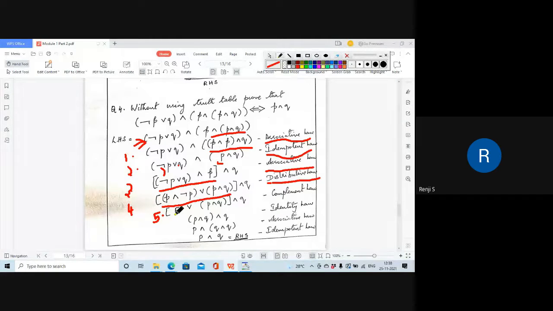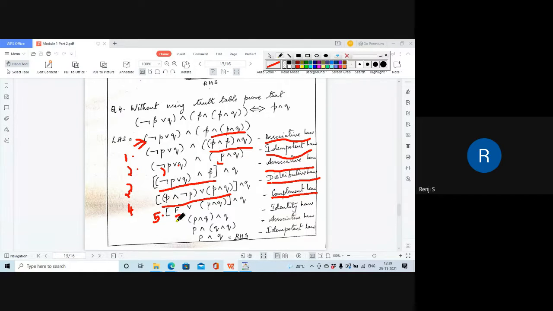So P and not P can be solved, and I have written false here, and the remaining OR, and then P and Q, and the remaining not Q is written. And we had applied complement law. P and not P is false, that is complement law in step 5. We had applied complement law to step 4 to get step 5.